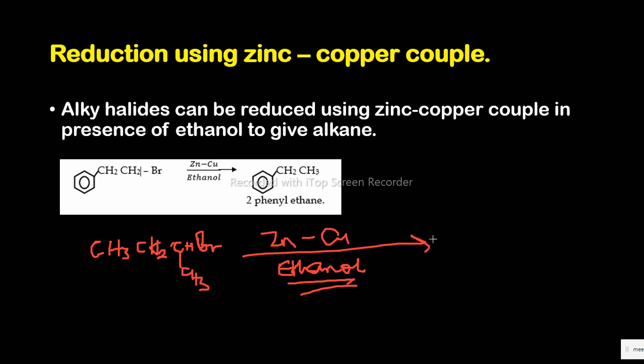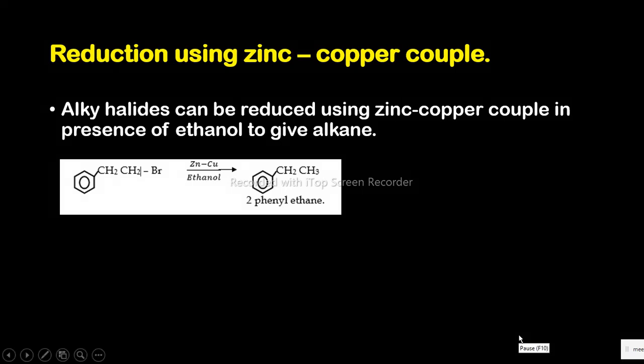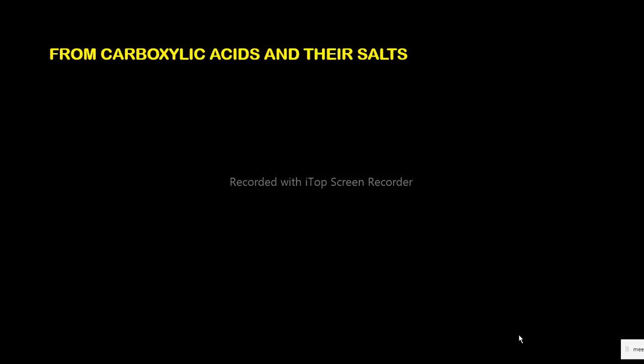Yes, you think the answer is butane. So 1, 2, 3, 4. So our answer is going to be butane. As simple as that. So basically that is how we can prepare alkanes using the zinc-copper couple.